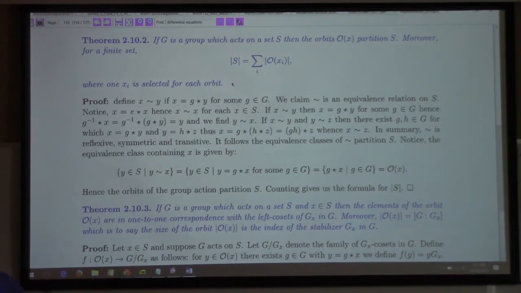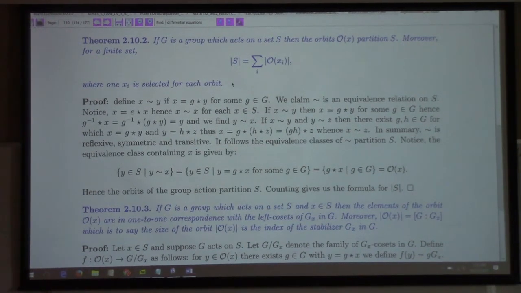Next theorem, which will feel a lot like what we did last class. If G is a group and it acts on a set S, then the orbits partition S. Moreover, for a finite set, the order of S is the sum over the sizes of the orbits, right?